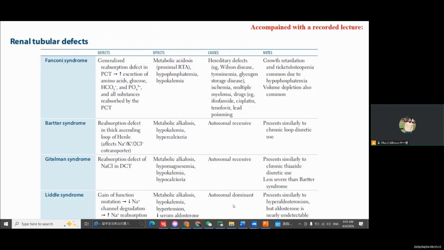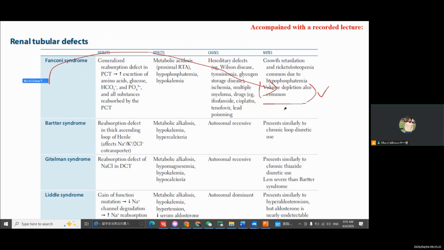But one of the key clinical points: because the PCT is also responsible for the majority of sodium and water reabsorption, patients with Fanconi syndrome are more prone to volume depletion. In the examination, they may simply ask you why Fanconi syndrome leads to volume depletion.